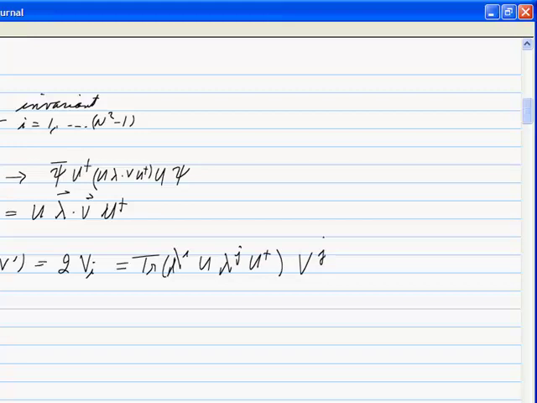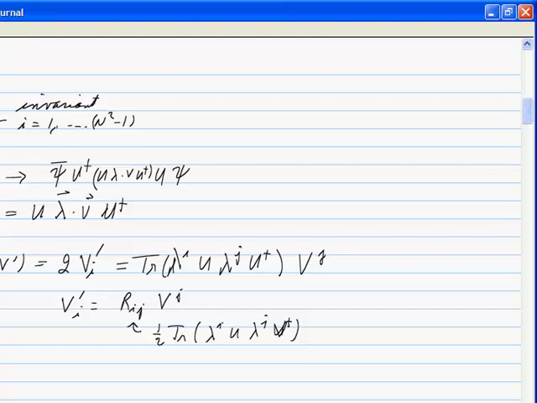I've just pulled out the λ·V, the summation there. And this one was V′. So V′_i is some R_ij V_j, with this being 1/2 trace of λ_i u λ_j u†. So again, it just rotates these things among themselves in some way, which there's the rotation. Again, you don't need to know it in detail, but that's what it is.